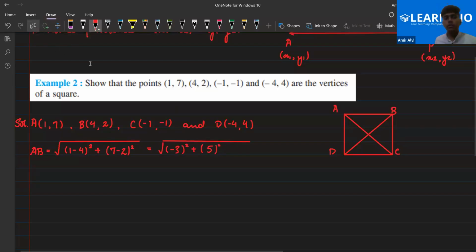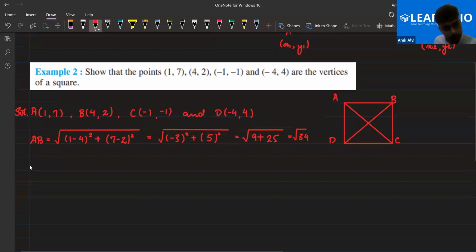So that is 9 plus 25, since the square of 3 is 9 and the square of 5 is 25. 9 plus 25 is equal to 34. That is coming out to be root of 34. So if this is a square, all the sides will be of length root 34 units. Yes or no, Gianna? Because the property of a square is that all the sides are equal to each other. Next one is BC.